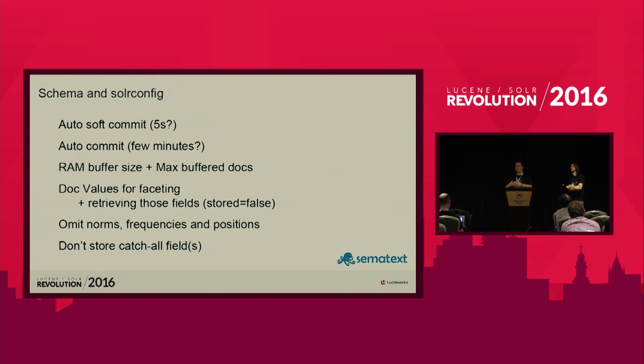Then, as merging is expensive for indexing, facets are expensive when it comes to searching. Not only because they need to get through the data, but also because they need to uninvert the inverted index and basically put the data in memory. If we want to avoid that, go for doc values.